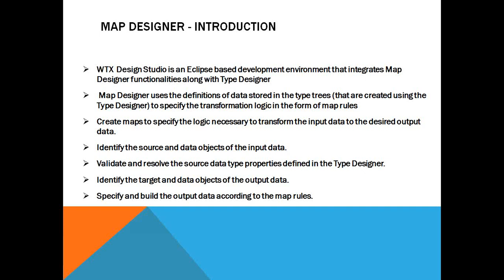The type tree might have multiple structures, so you have to identify what your component or data object is, in the type tree perspective, what your type is. You have to identify that type for both input and output. Identify the source data object and the target data object. Source means input, target means output data. Okay.